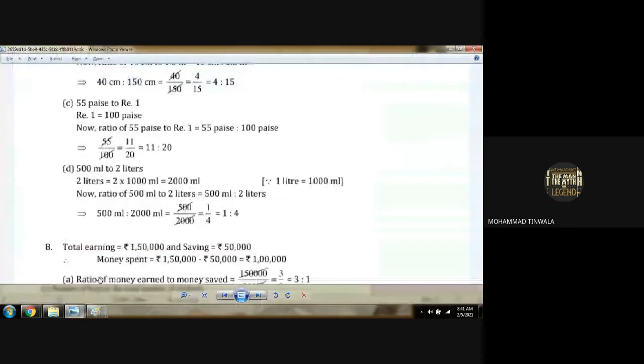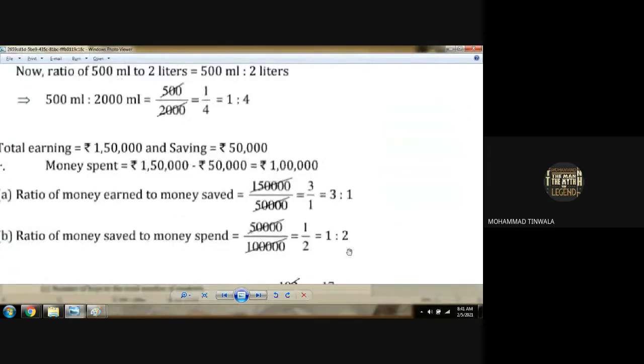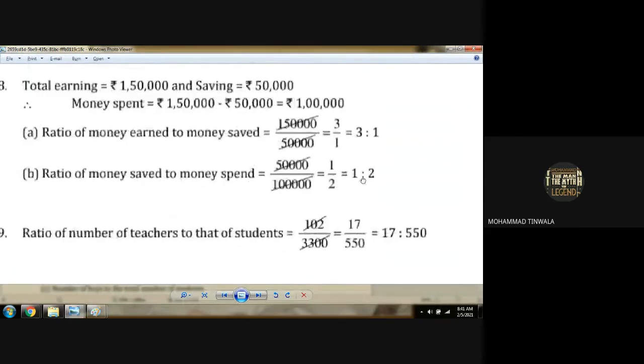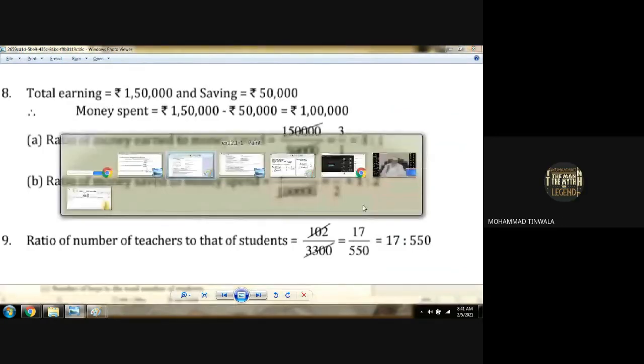Is answer number 8 okay or not? 3:1 and 1:2, have a look. Right, boys? Yes, sir. 3:1, 1:2.